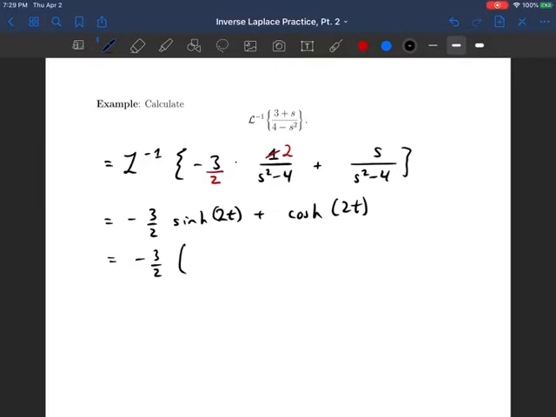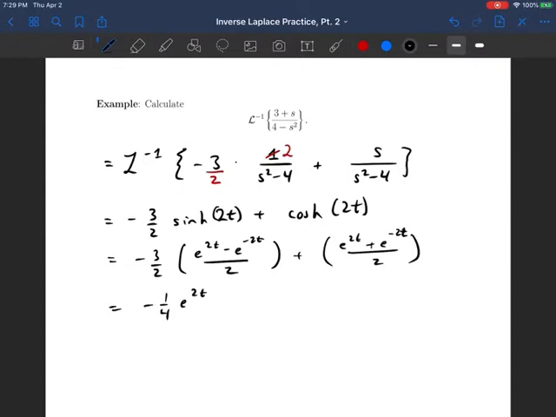So you could rewrite this in terms of the exponents if you wanted to. That would be e to the 2t minus e to the minus 2t over 2, plus e to the 2t plus e to the minus 2t over 2.